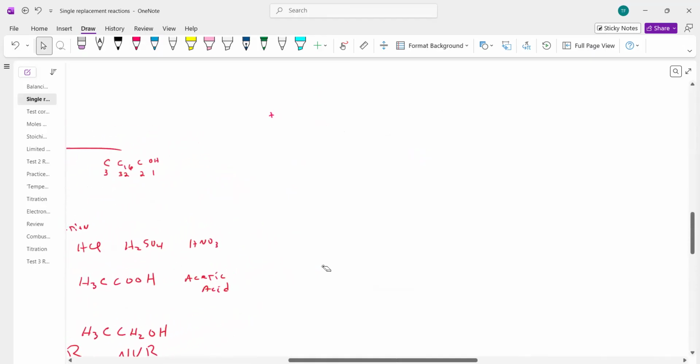Okay, so let's choose a metal. Let's choose zinc. Zinc metal and some solution.